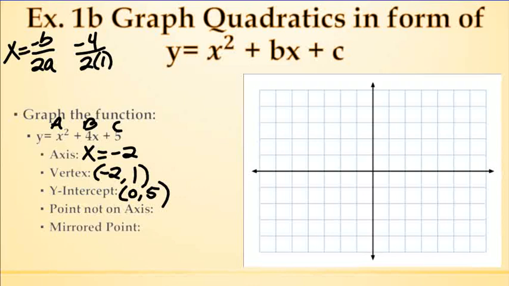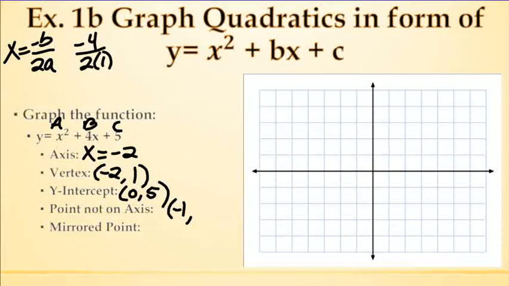And then a point not on the axis. The axis is at negative 2. I pick a point to the right, or you can pick one to the left. I'll choose negative 1. At negative 1 squared is 1. 1 plus a negative 4 is negative 3.